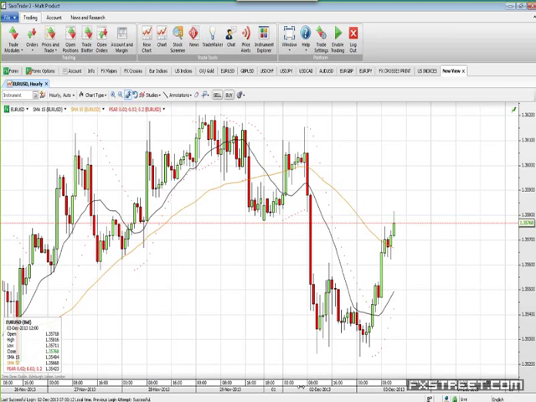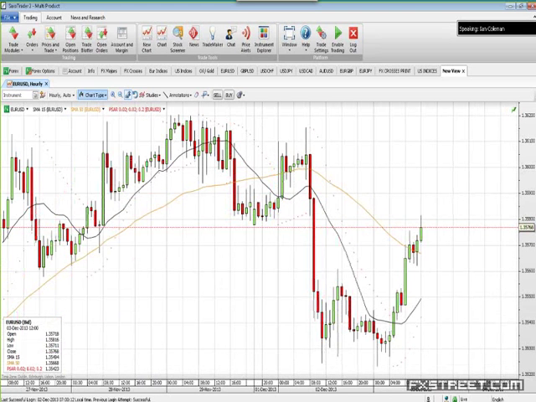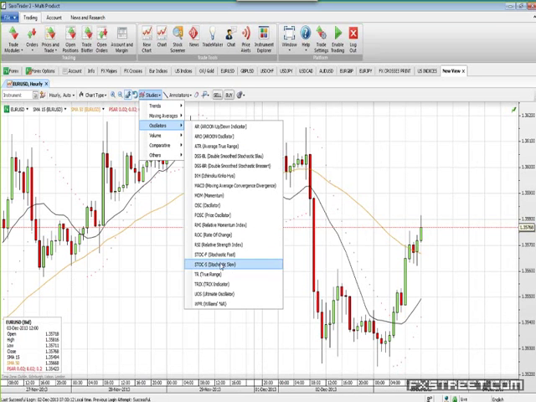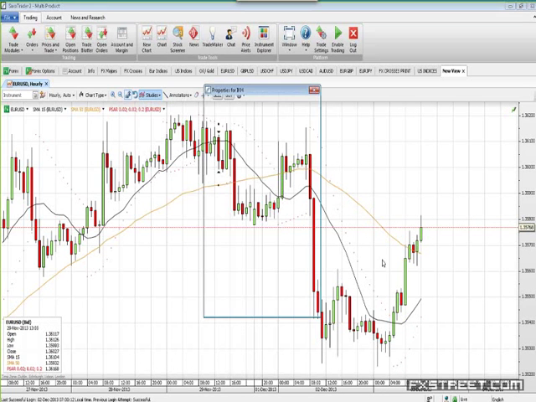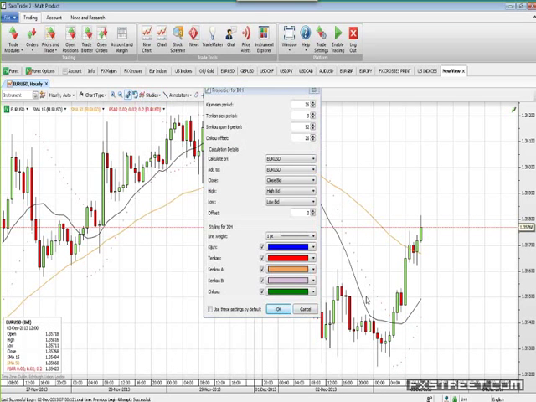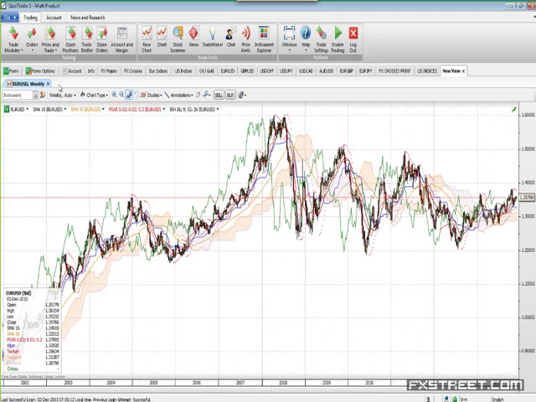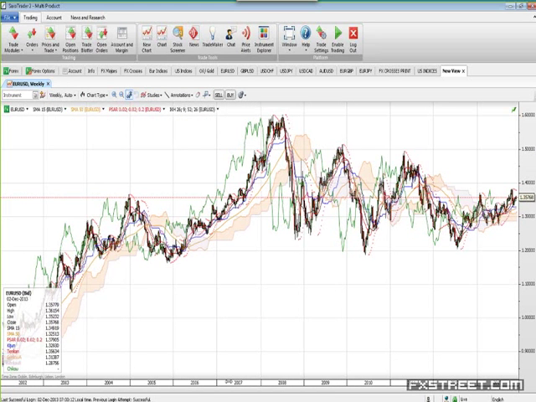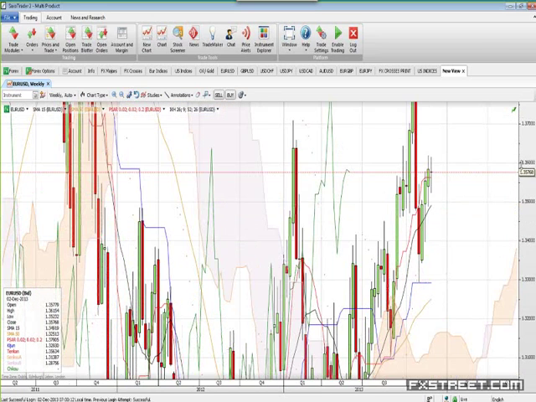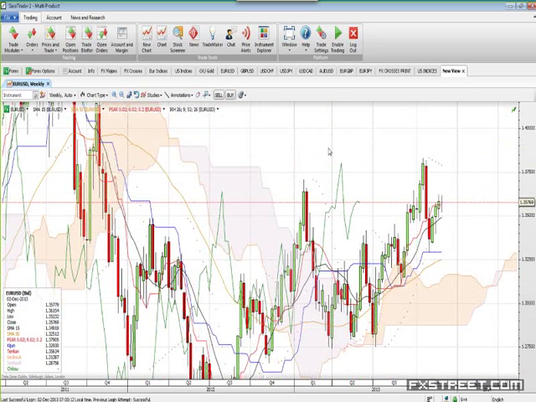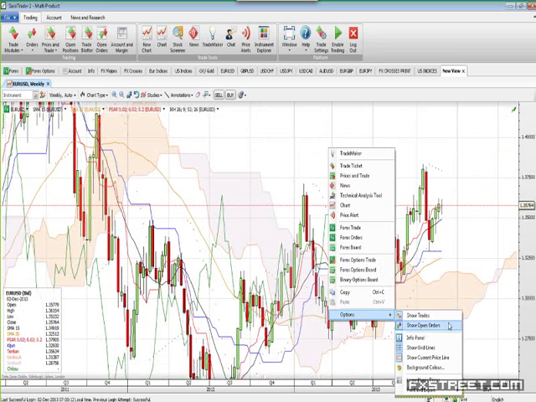And then, just for the larger time frame, the Ichimoku cloud. Then we're basically going to go weekly, and we're going to mirror all of these. We're just going to clone these charts.